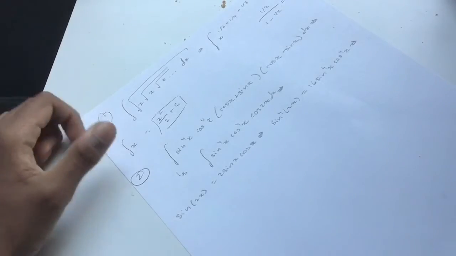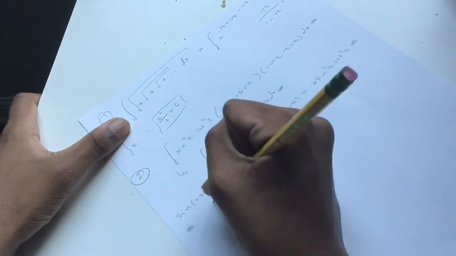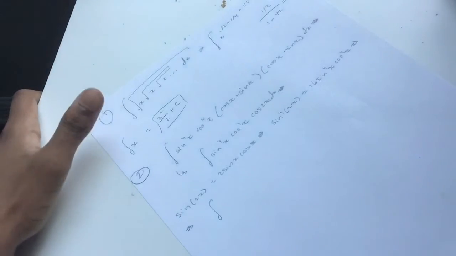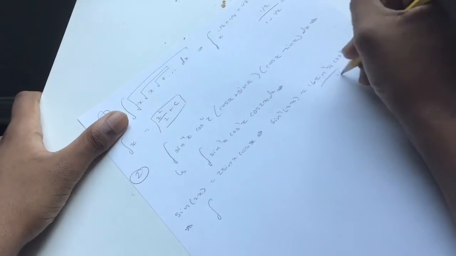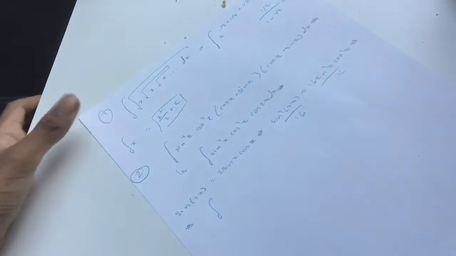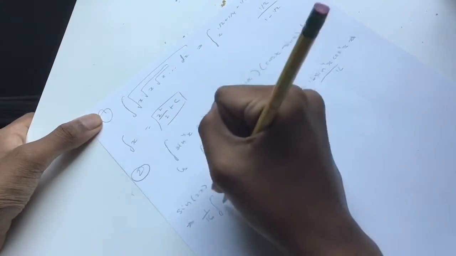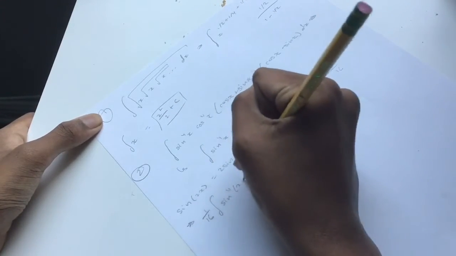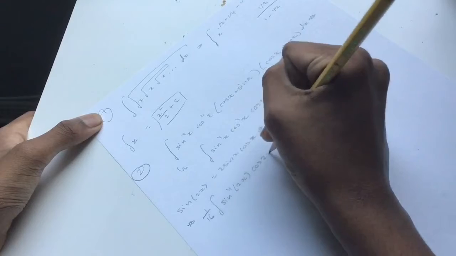Or in other words, sine to the power 4 of 2x over 16 is equal to sine to the power 4x cosine to the power 4x. So we can rewrite this integral: we take out the 1 over 16, and then we get sine to the power 4 of 2x and then cosine 2x dx.